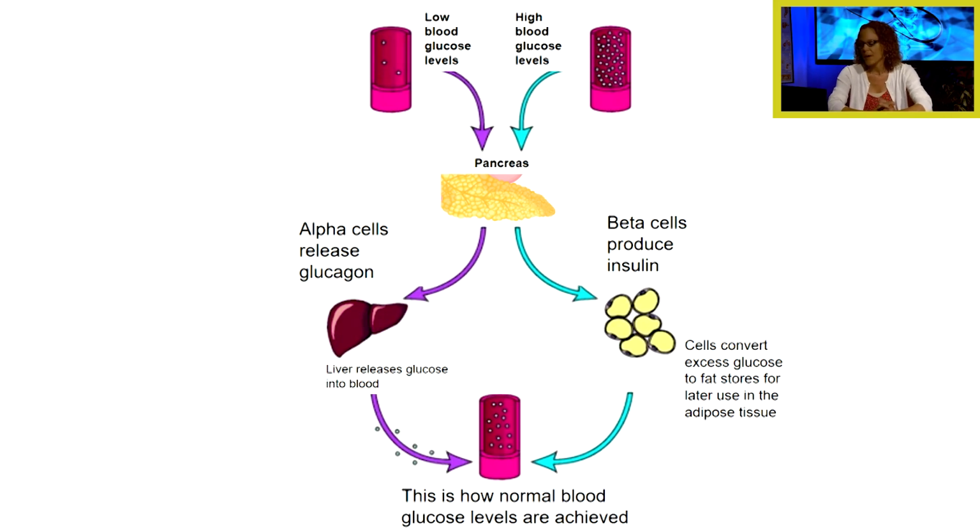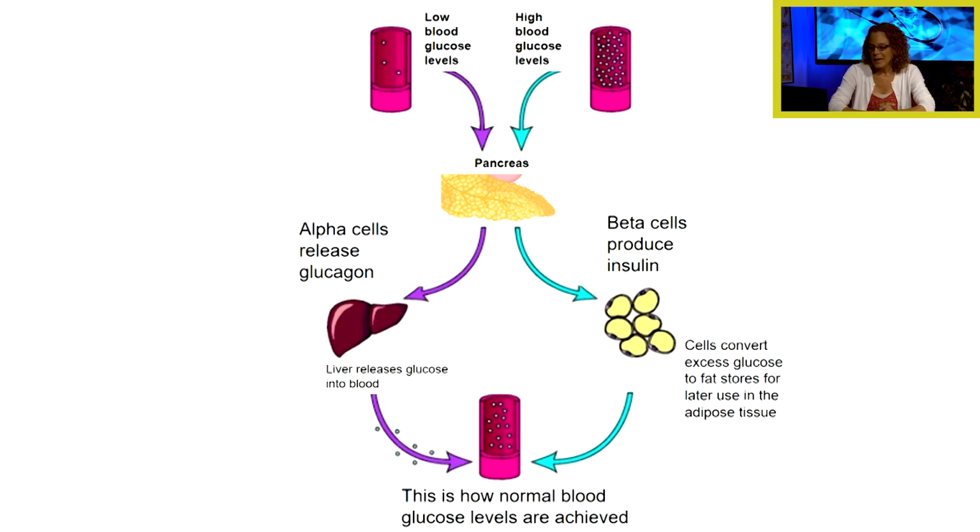And we're going to talk more about that as well. But what happens is the beta cells will produce this insulin, then the insulin will help us store the circulating glucose or sugar for use later. And this is how normal blood glucose levels are achieved.